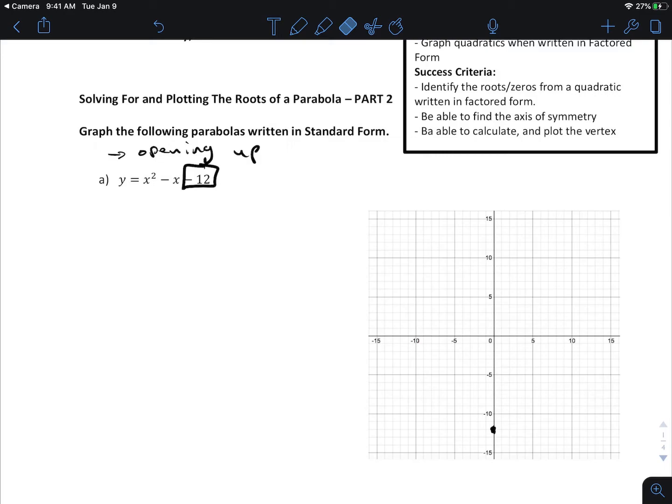So now the second step would be, let's actually do what we did yesterday, get it into factored form. We'll just say switch to factored form. How do I do that?